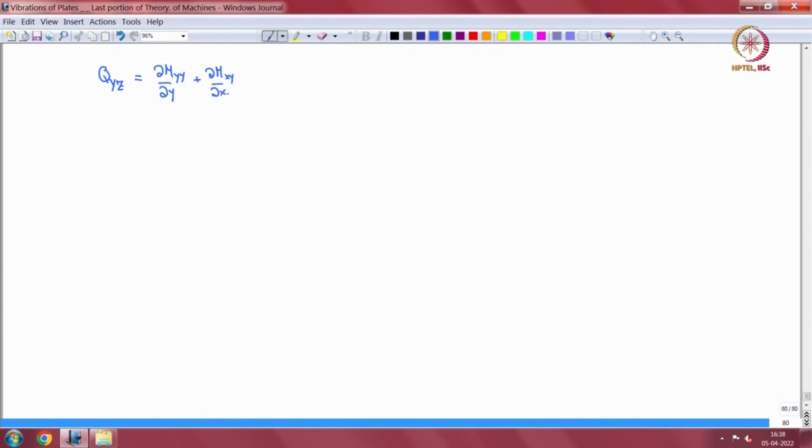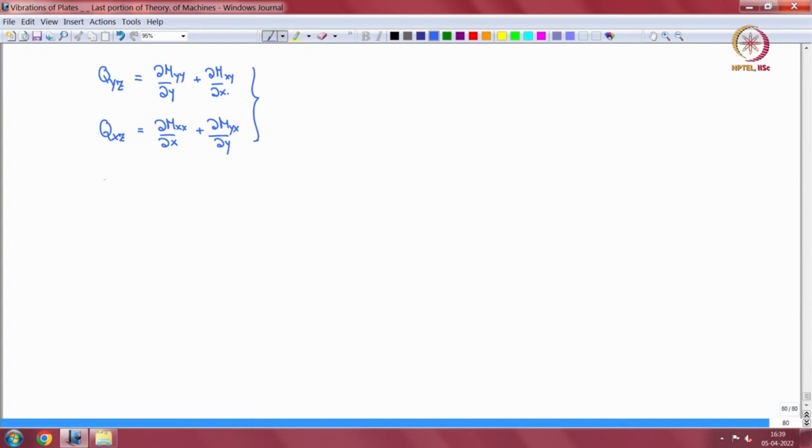Okay, so that's a moment balance equation. Similarly, if you balance moments about y axis, you get qxz is equal to del mxx by del x plus del myx by del y.